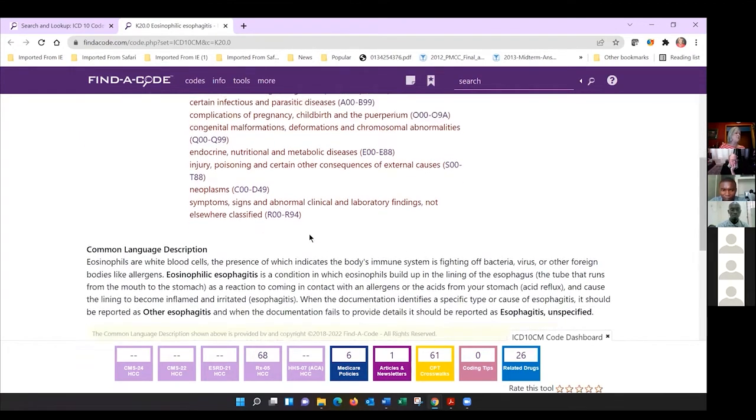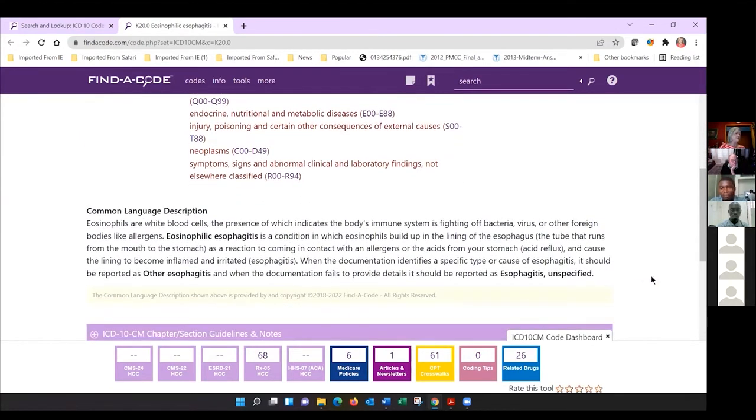And what I want you to see, because this is important, this common language description is your definition of the condition, the diagnosis. And it's important that you read that.